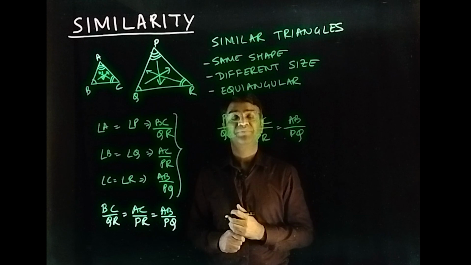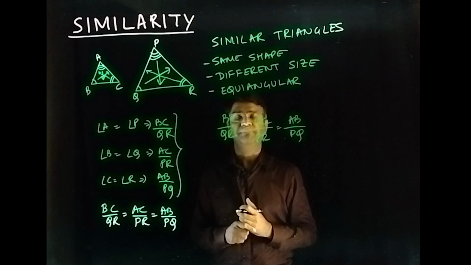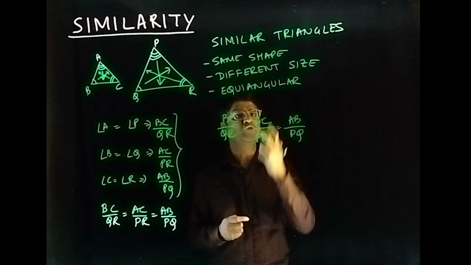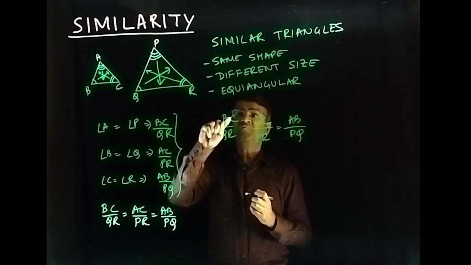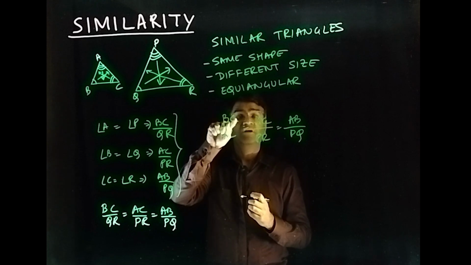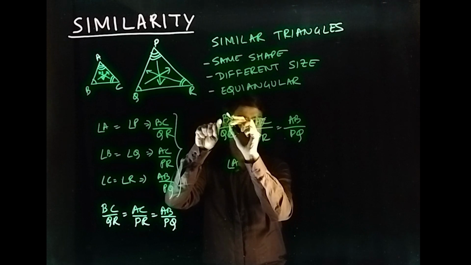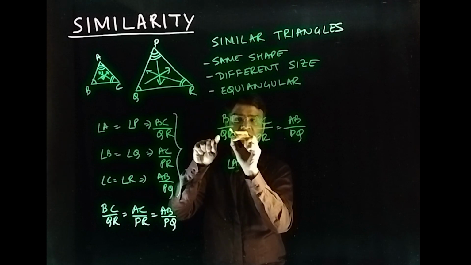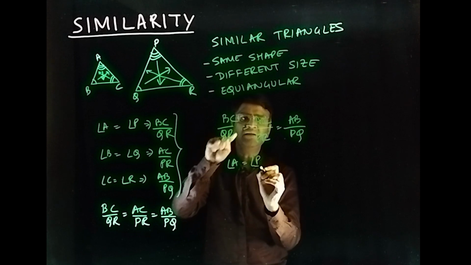Yes, very simple. Look out for the missing vertex. We are only dealing with two triangles here, triangle ABC and PQR. So which vertex is missing here? Of course, the vertex A. You have BC, A is missing. What about QR? What is missing? Angle P.